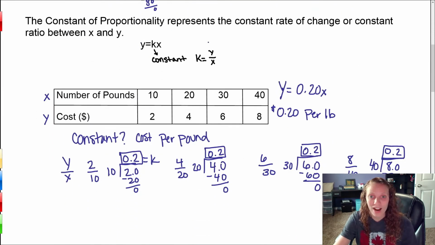Always remember y divided by x. Y goes on top, x on bottom, and then you divide, first in, last out. If we get the same number every single time, that's called the constant of proportionality, and then we can write an equation. The total cost y is equal to 20 cents per pound.